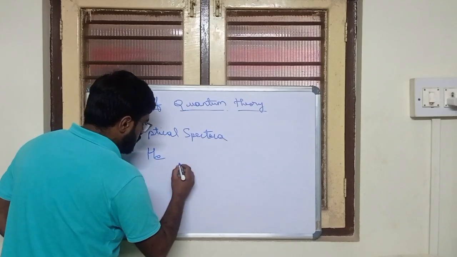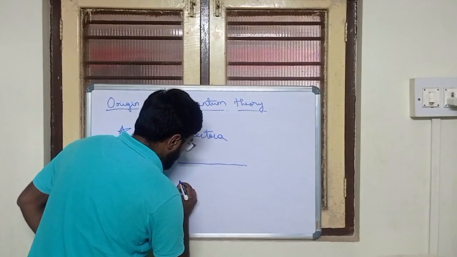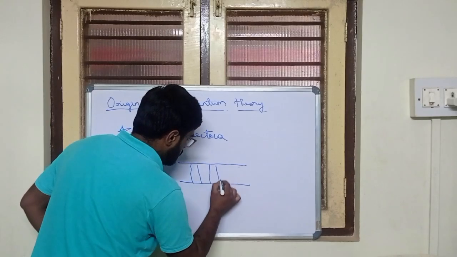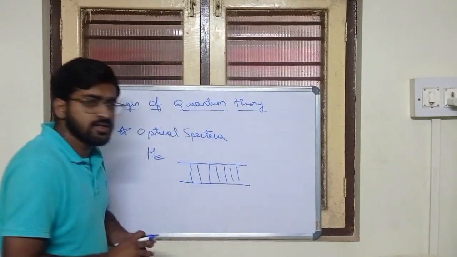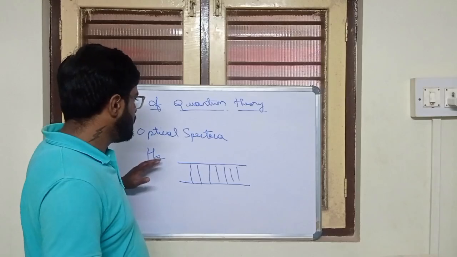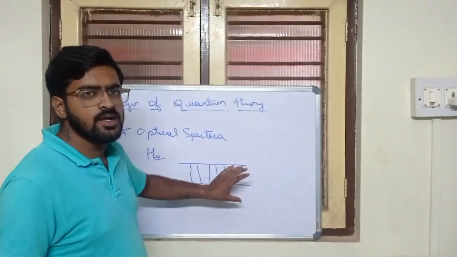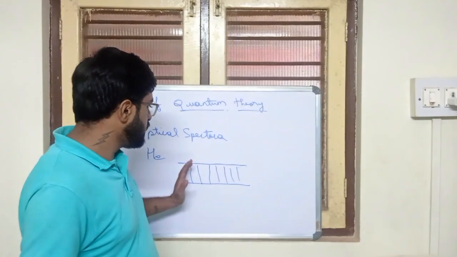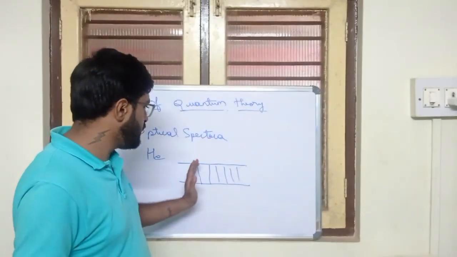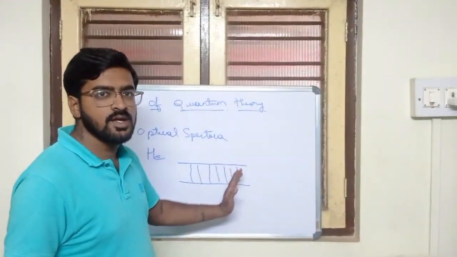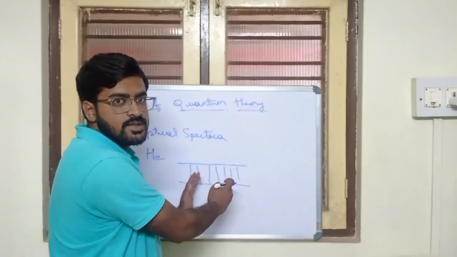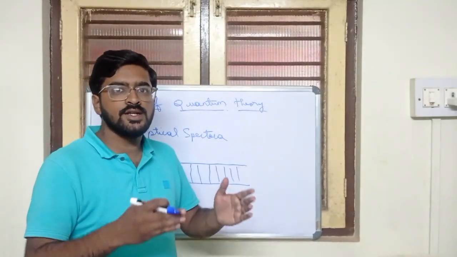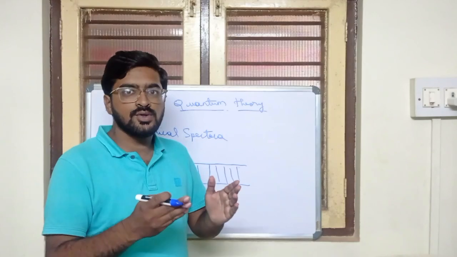Suppose helium, it emits spectral lines. This is optical spectra, and helium emits a certain optical spectra. They are in discrete lines, separated by a certain distance, so they are not attached to one another. Each line has a certain intensity.